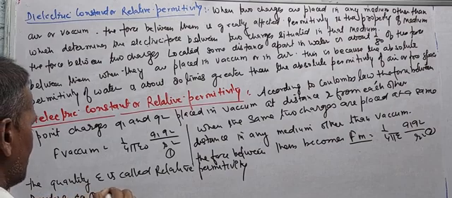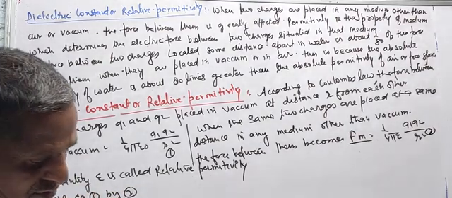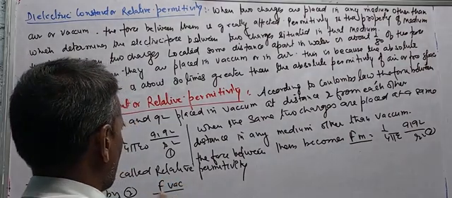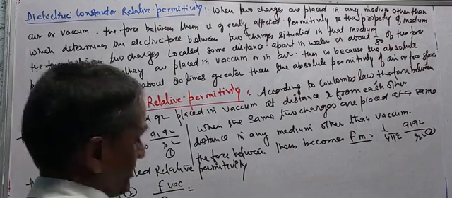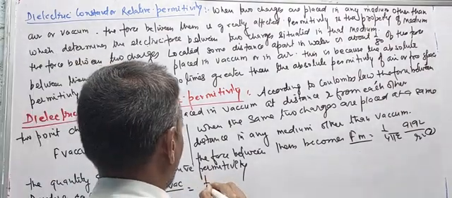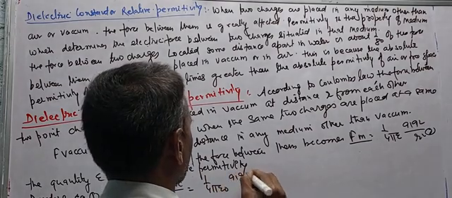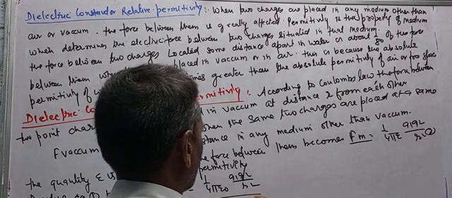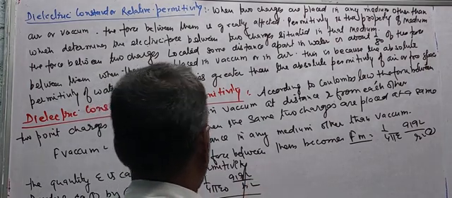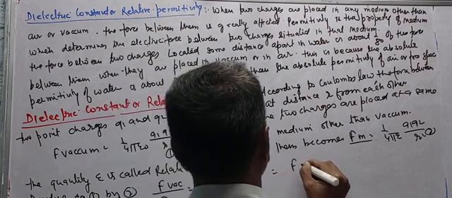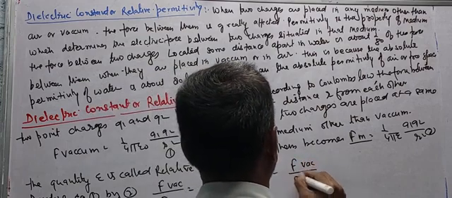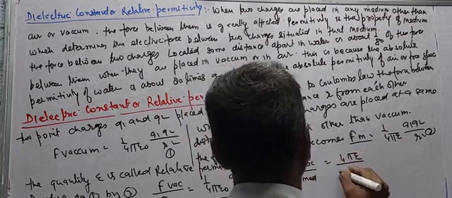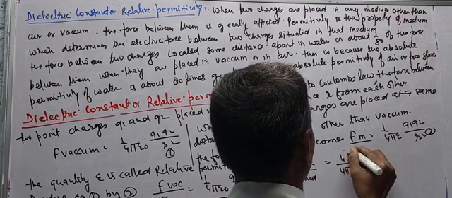Dividing equation 1 by 2, we get F vacuum upon F medium equals 4 pi epsilon upon 4 pi epsilon naught.